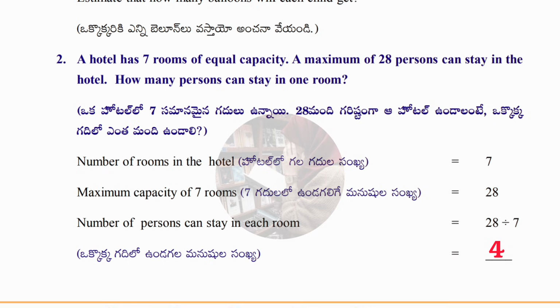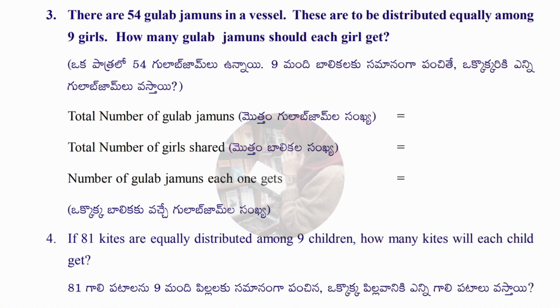Got it guys? Okay. Let's move on to the next question, that is question number 3, which is there are 54 gulab jamuns in a vessel. These are to be distributed equally among 9 girls. How many gulab jamuns should each girl get? Okay, so let's see the answer. Total number of gulab jamuns given in the question is 54.